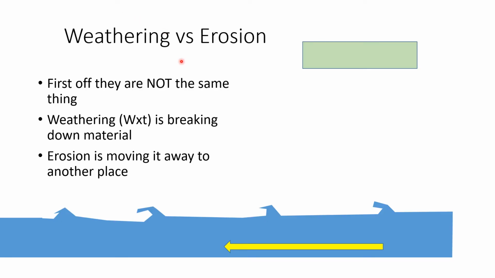Okay, to start things off, let's talk about weathering versus erosion. These are not the same thing. So weathering is breaking down material. So here we are. Let's say this is one of our big, because of the color, we'll say it's a big olivine crystal. So weathering can be of several different forms. We can physically weather that one crystal into a bunch of smaller pieces.